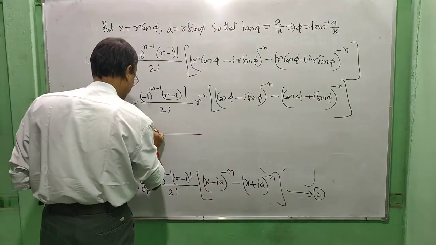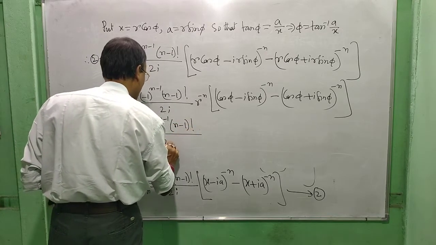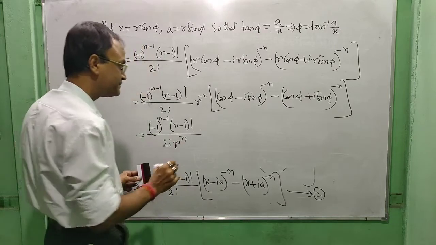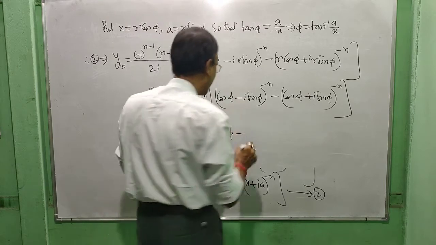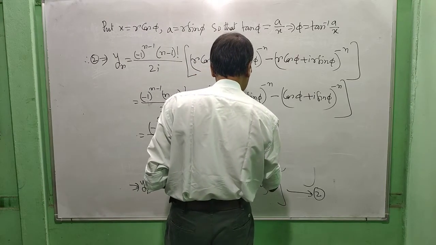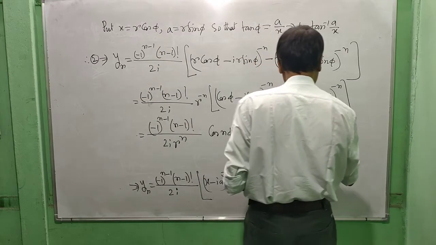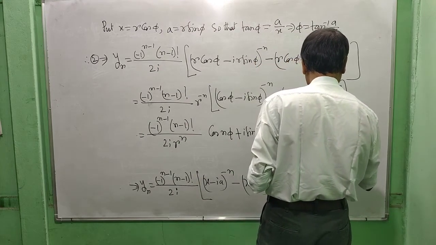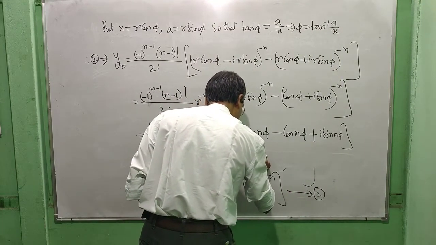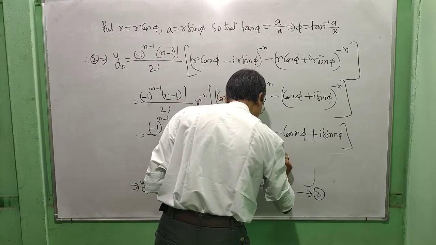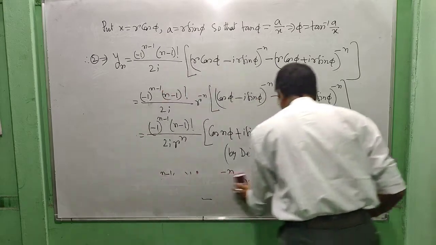This is equal to (-1)^(n-1) factorial n minus 1 twice i, r to the power n, cos n phi plus i sin n phi minus cos n phi plus i sin n phi, by De Moivre's theorem. By De Moivre's theorem, we get this.